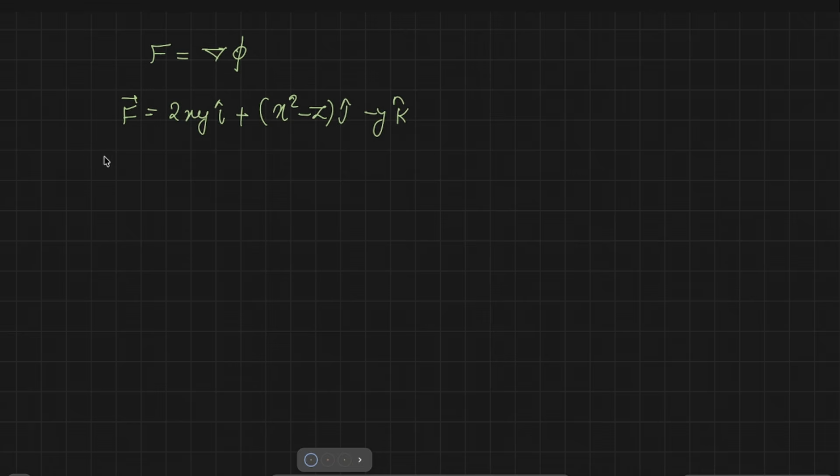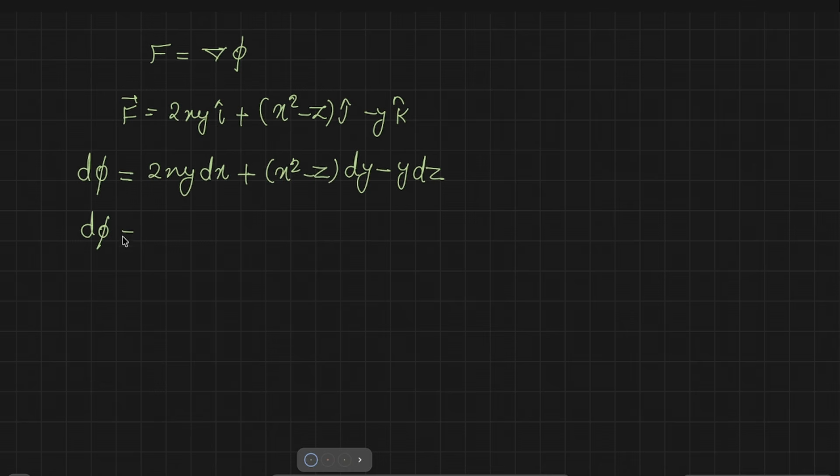So from here, you simply write down, d phi is equal to 2xy, instead of i you write dx. This is your x square minus z, you write dy, minus y, you write dz. So this is d phi. Simplify this: 2xy dx plus x square dy minus z dy minus y dz.